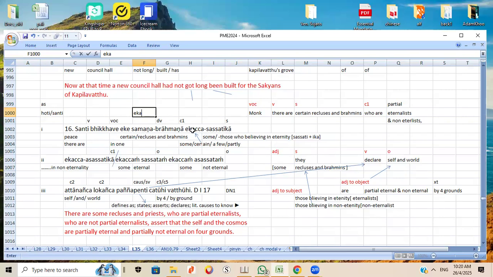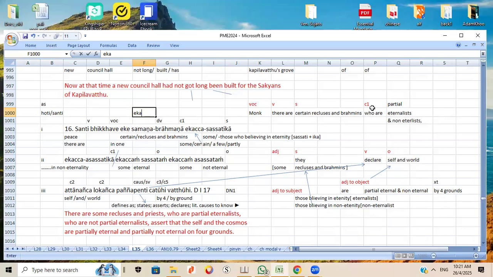Or in this case, the word ekacha, that means for plural here, we put some. Some, that means a few or something. Okay. So in this case, in order to connect this, because they are in the same case, we put who are. In this case, this one is taken as partial eternalist. Can you see? Partial eternalist. That means not fully, not a completely staunch believer.